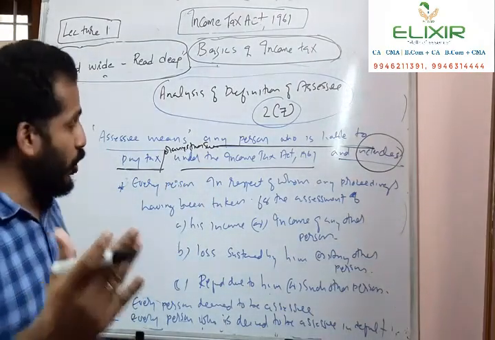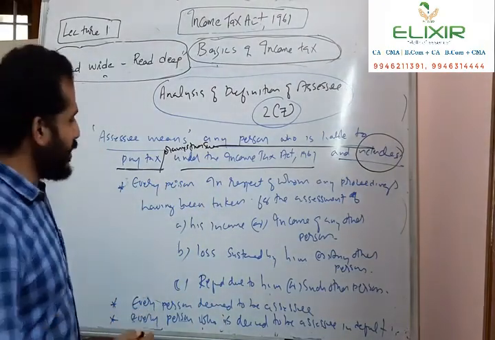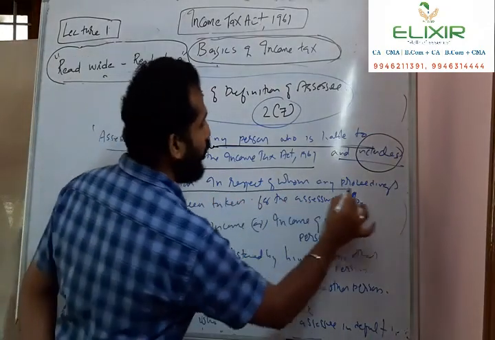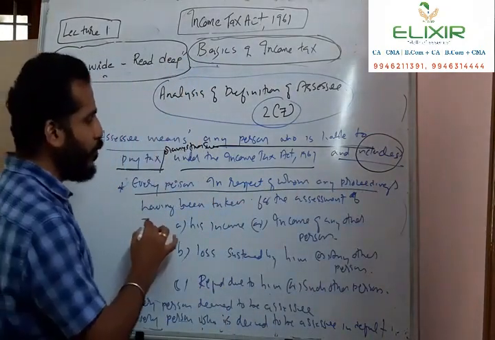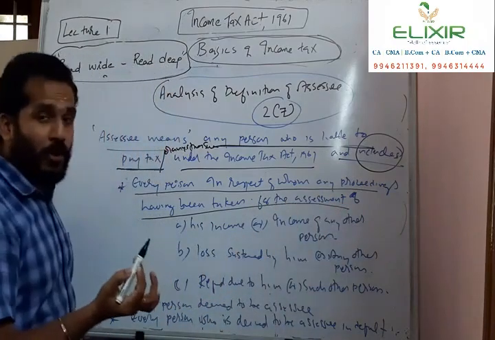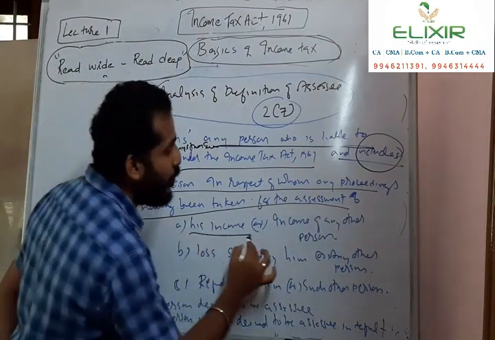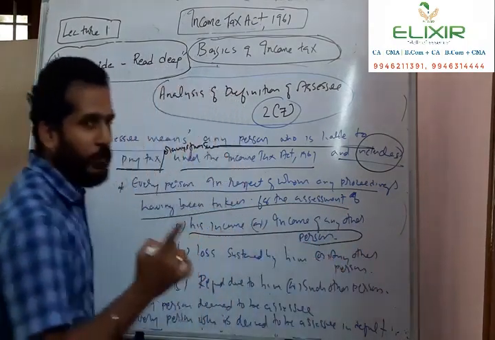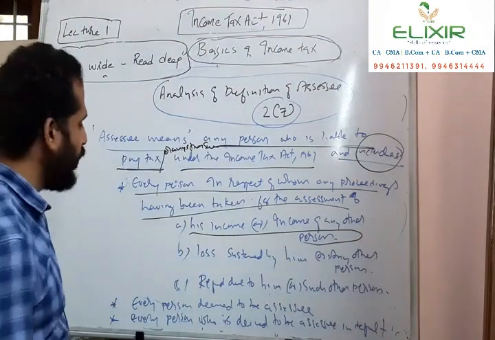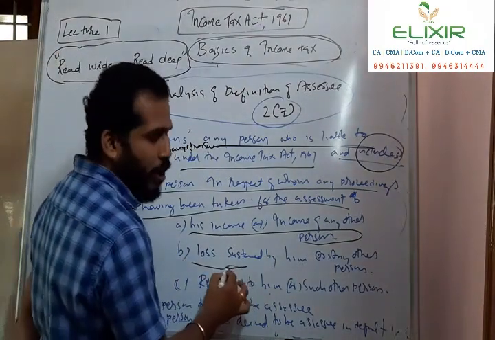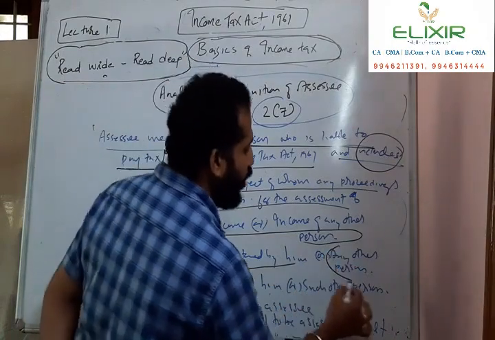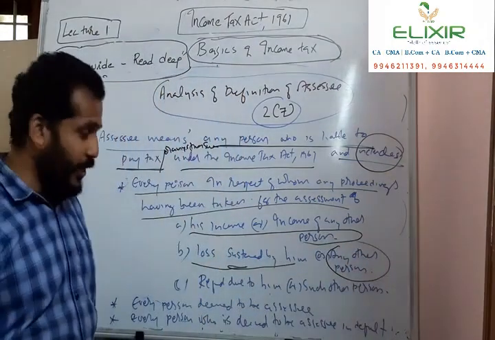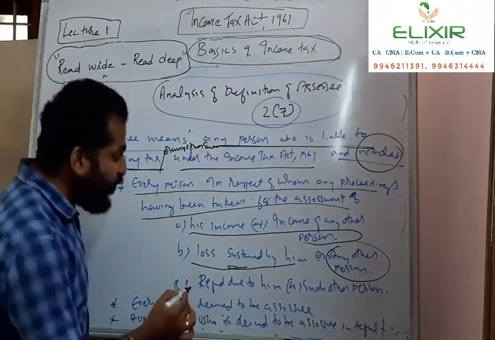So, and includes. Who includes? Every person in respect of whom any proceedings have been taken for the assessment of his income or income of any other person, deemed assessee, his loss or the loss sustained by any other person, and refund due to him.